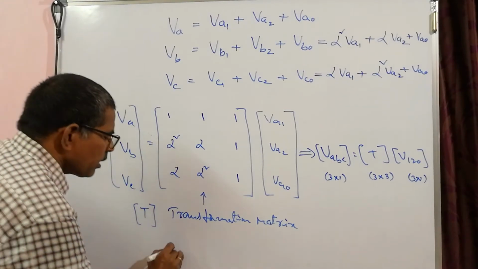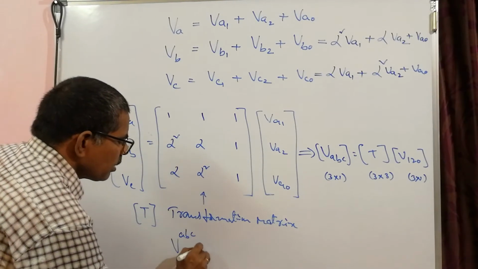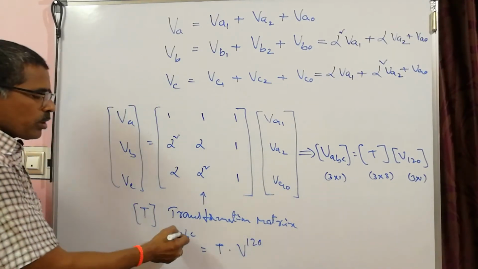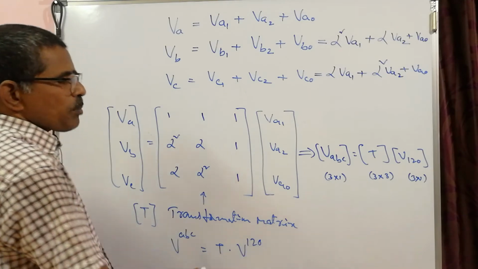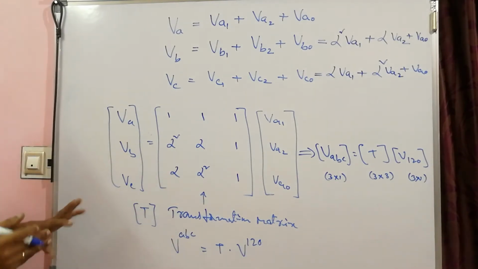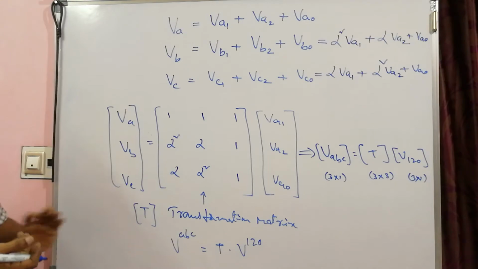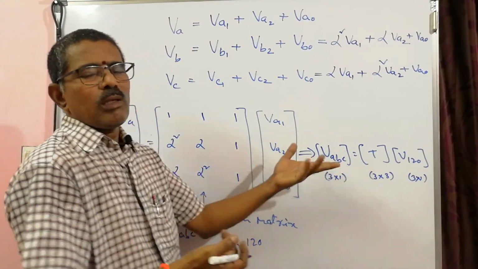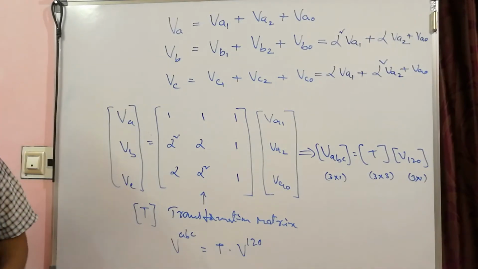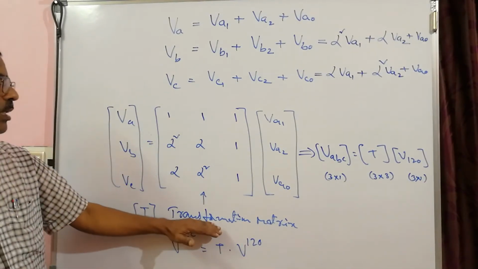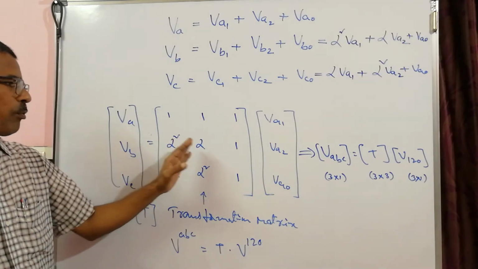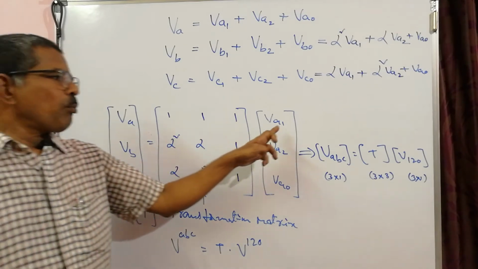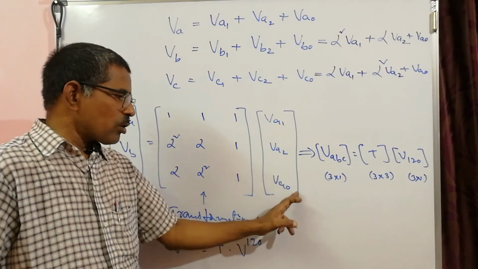So sometimes they may write this as VABC is T multiplied by V1 to 0. Whether you use these as superscripts or subscripts, it hardly matters, it's our understanding. In some textbooks they use this notation, we will be using VABC, it hardly matters. Okay. So the transformation matrix, you should remember 1 1 1, alpha square alpha 1, alpha square 1, and here you are following positive sequence first, negative sequence next and 0 sequence last.